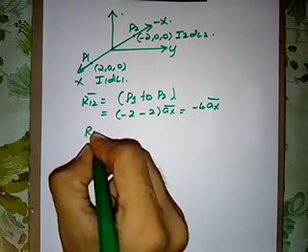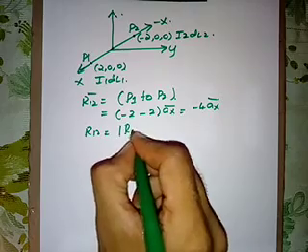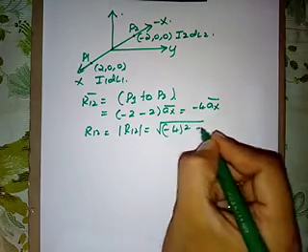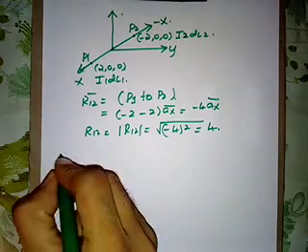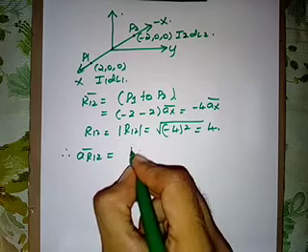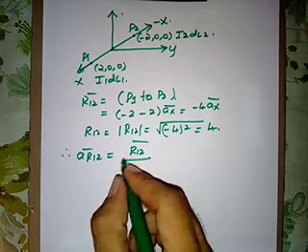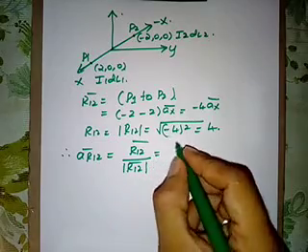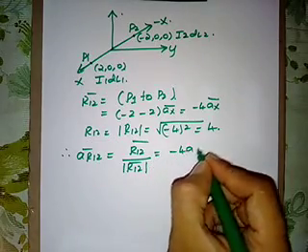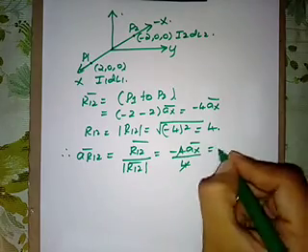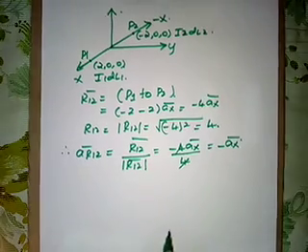Then what is R12? R12 is the absolute value of r12 bar, that is square root of minus 4 square, this is 4. So unit vector aR12 bar is given by the vector divided by its magnitude, we know this, correct? So this comes out to minus 4 Ax bar divided by 4, so the 4 and 4 will cancel, we get minus Ax bar.